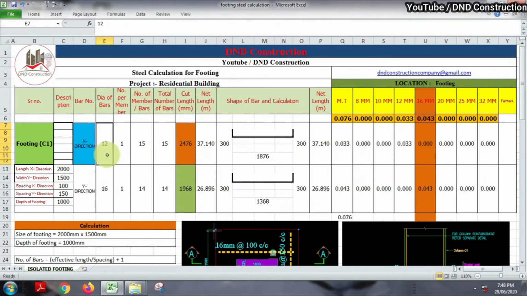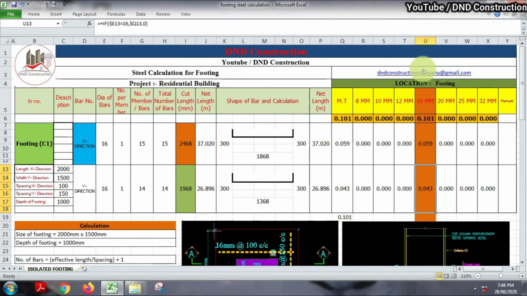Both the bars are 16 mm, so it is the same for the y direction also. As you can see, this is as per the formula. Actually it is calculated from the formula, and the same value is showing in the dia of bar column.